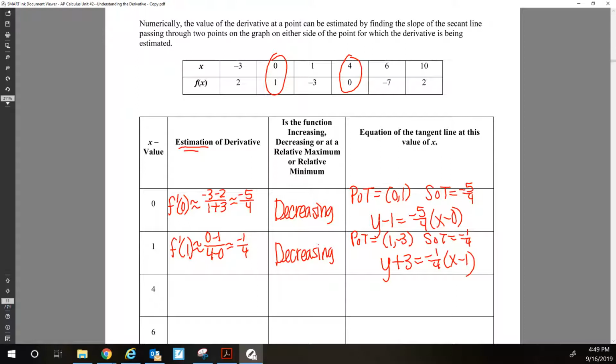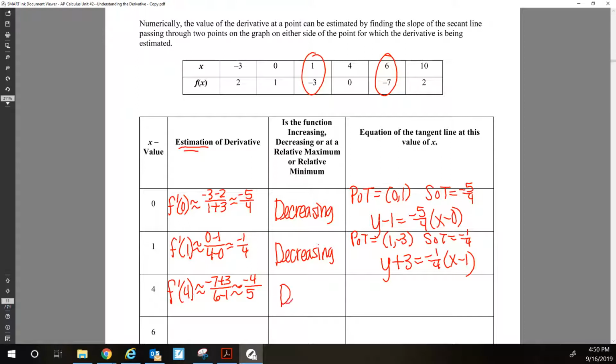All right, well, what about at 4? Now we're sandwiching with these 2 points. So the derivative at 4 is approximately -7 minus negative 3 over 6 minus 1, or -4 over 5. Increasing, decreasing, max or min, guys?